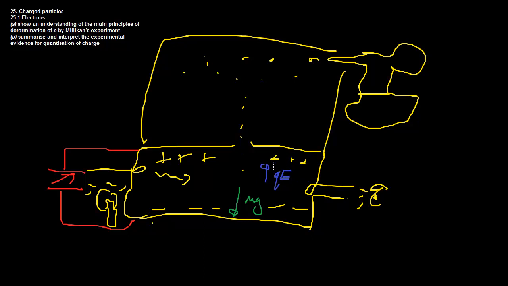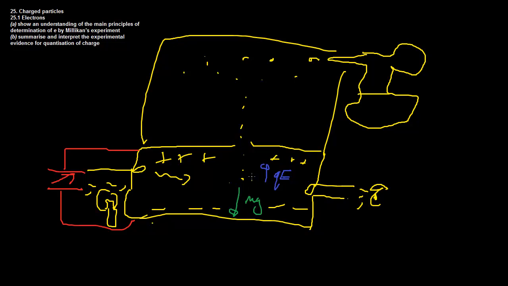So what he was trying to do was find an equilibrium position. That is when the oil droplets are able to float in mid-air, and he would watch them through the microscope to make sure they were floating. He'd do this by fine tweaking this until he gets a voltage at which the upwards force is equal to the downwards force of gravity.